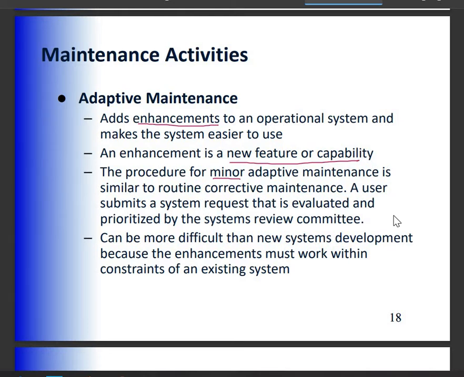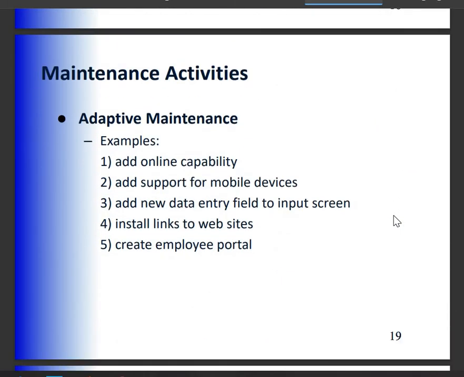Okay, however, walaupun kita nampak adaptive maintenance ni sebagai enhancement, it can be more difficult than the new system development apabila the enhancement itu must work within the constraint of an existing system.